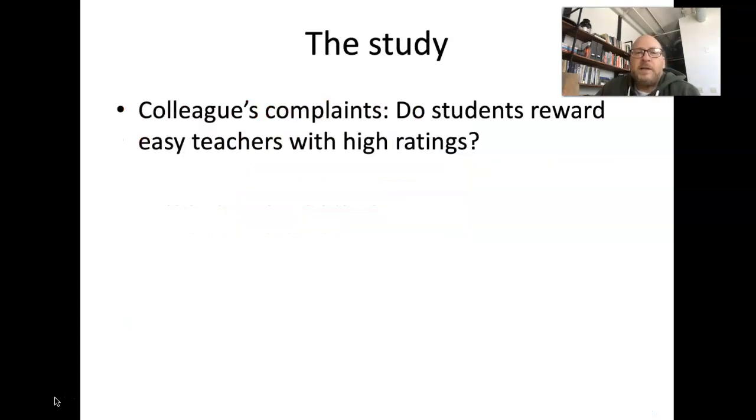All right, so here's the deal. I've heard some colleagues complaining on social media lately about student ratings of instruction. Some of the talk was about how some people think that students reward professors for being easy by giving them good course evaluations.